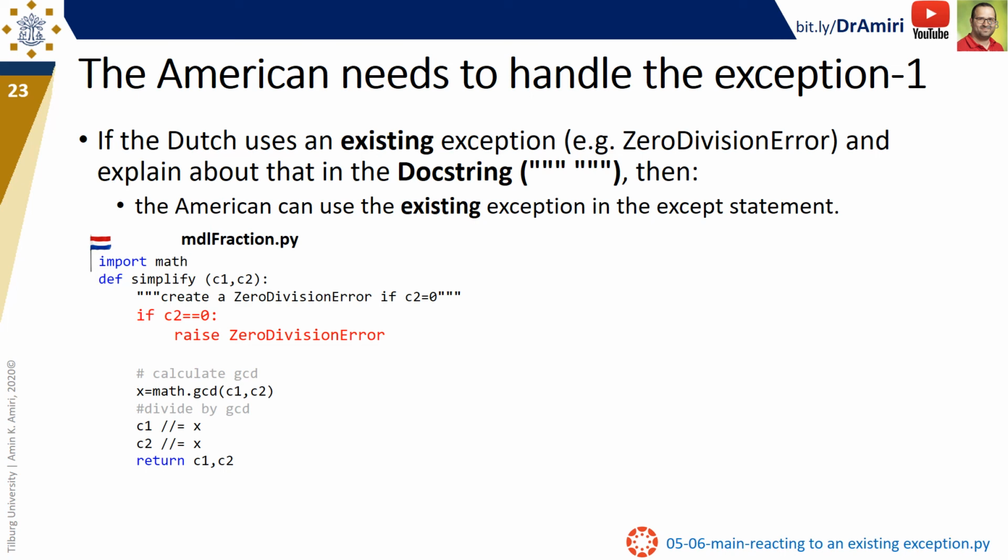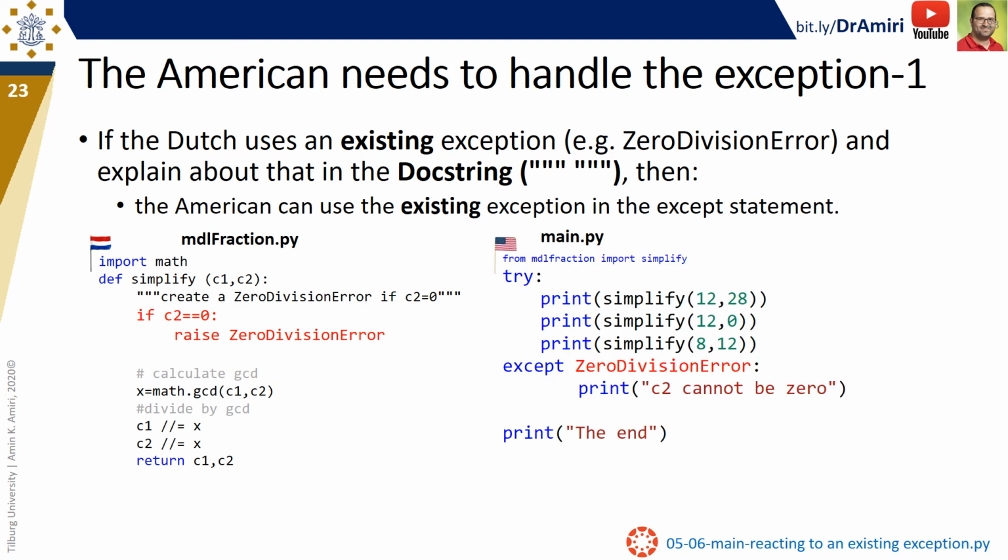Now the American programmer has to use a way to get this message. When he reads the manual, he needs to ensure that he can catch the runtime error that can happen. How can he do that in his main.py?